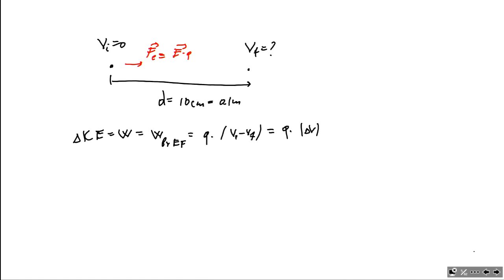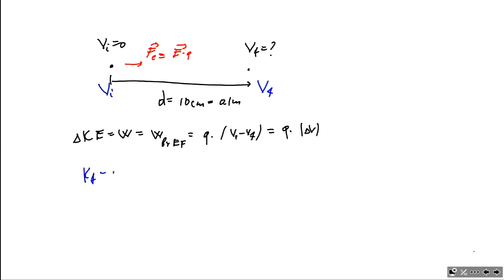Now, you may be confused right now by letters, because V represents speed, V represents potential, and also V represents volts, unit of potential, so you have to keep track of all those letters. But if we are looking for speed, well, we have to calculate final kinetic energy, because initial is 0.